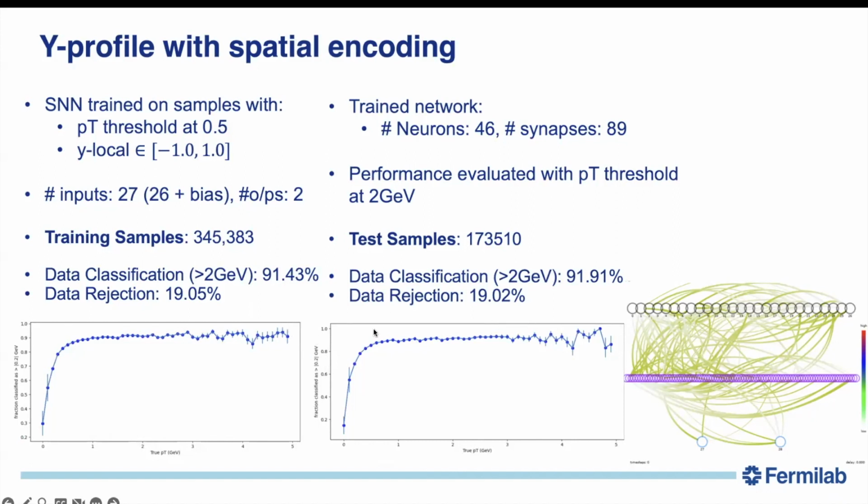So now we are closer to 91%. The data rejection is 20%. The neural network for SNNs is a bit harder to train.